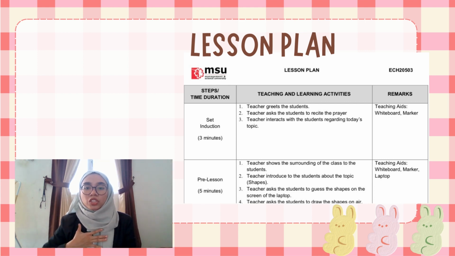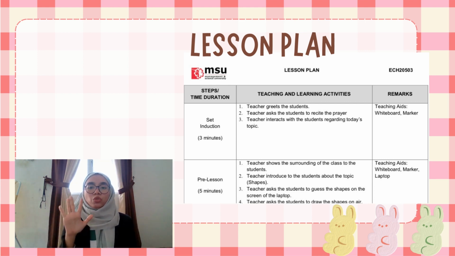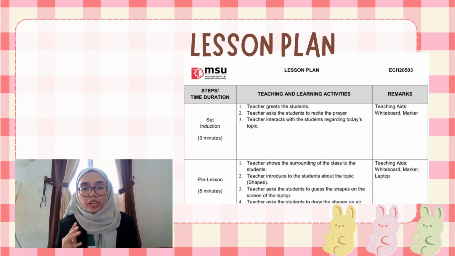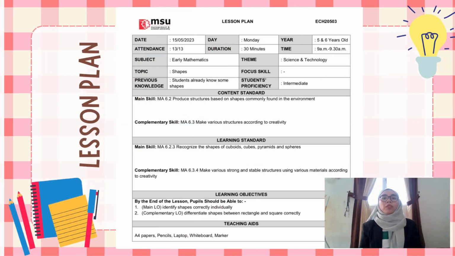As a teacher, I give the students only 5 minutes to draw the shapes, and I observe them and assess them. I ask them whether they can draw the shape or not, and I also evaluate the students' drawings and give rewards to the students.